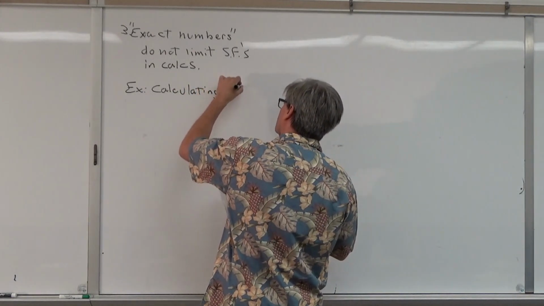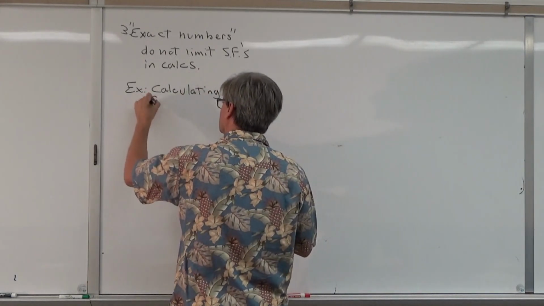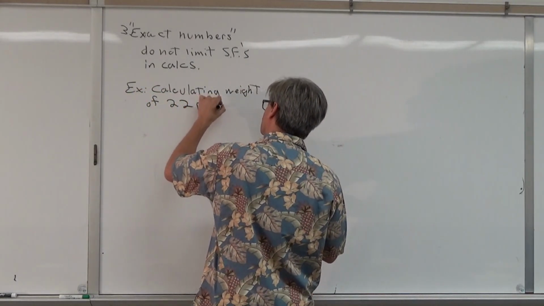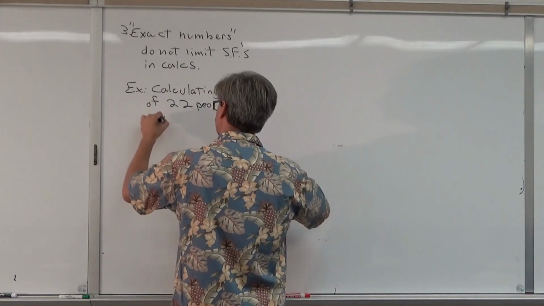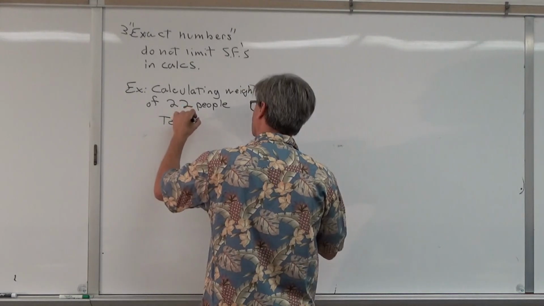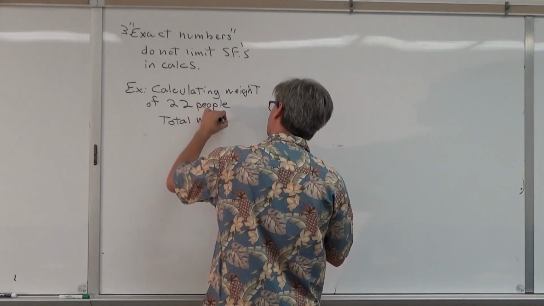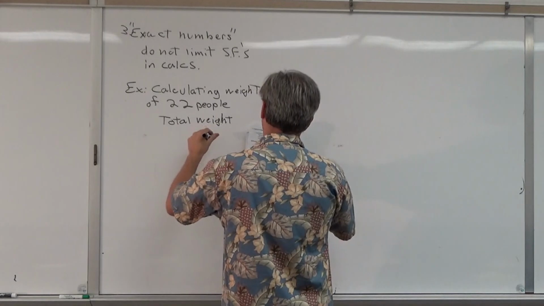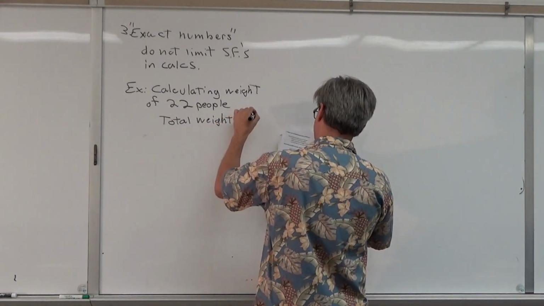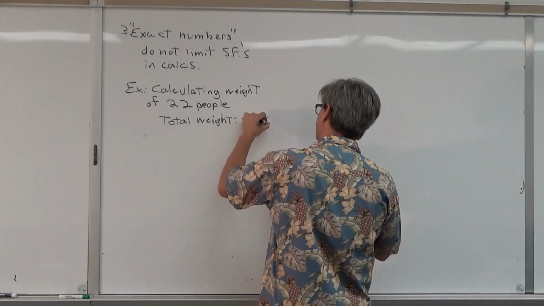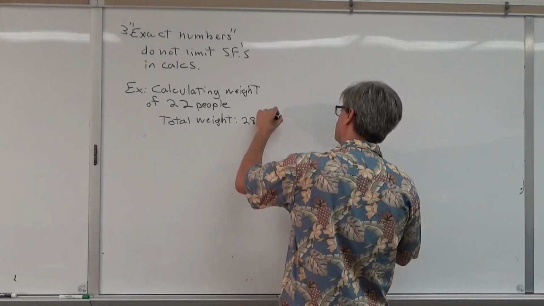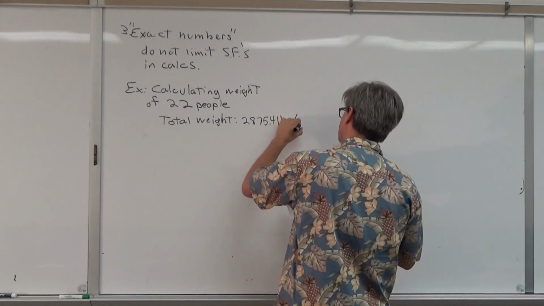Calculating the weight of 22 people. I actually did one here, or I probably made it up. I don't think I asked a class what all their weights were. 2,875.4 pounds, divided by 22.